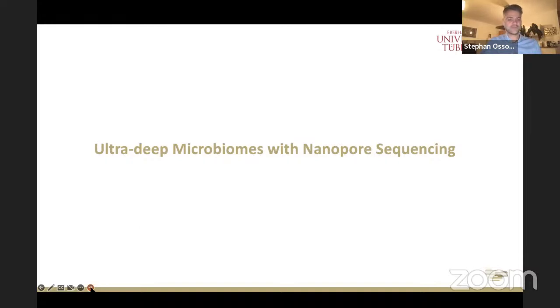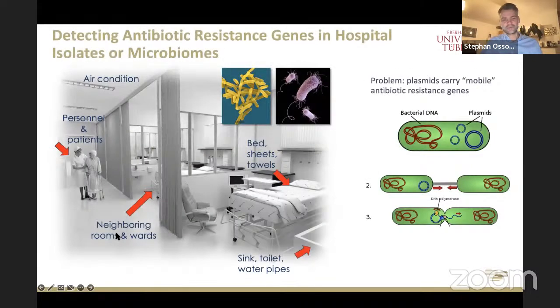So this ultra-deep sequencing is equally interesting for nanopore. Many of you have probably worked with hospital isolates or generally bacterial isolates. In my case, I use them to detect antibiotic resistance genes in the bugs we collect daily in the hygiene department. And one of the biggest problems are antibiotic resistance genes on mobile elements, on plasmids.